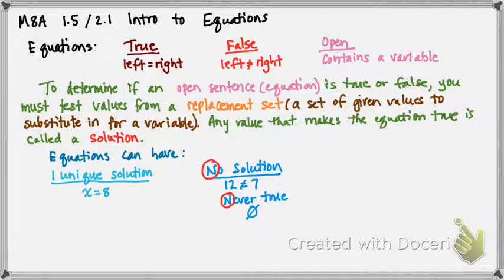And the last possibility is infinite solutions. And that's where you might get something where a number is equal to itself, the variable is equal to itself.